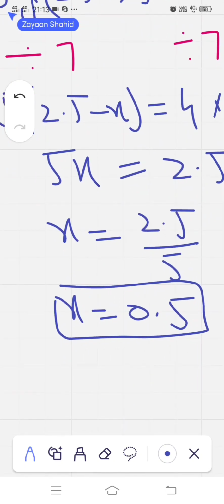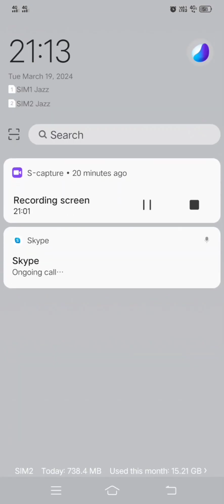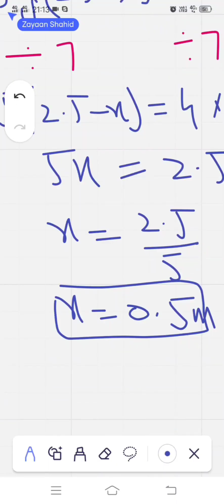We are finding the value of x, so this is the value of x, 0.5. So we can say that Jack is 2 meter from the point M. You can see the figure. Jack is 2 meter from the point M and the distance of Jack is 0.5 meter from the point B. That is the value of x.